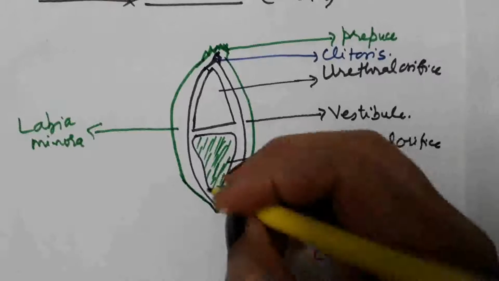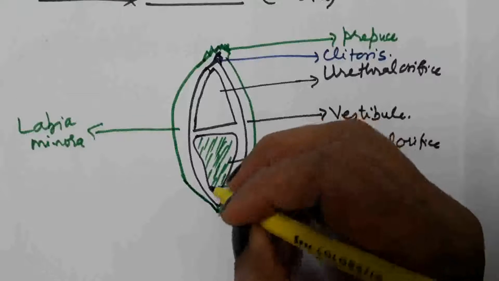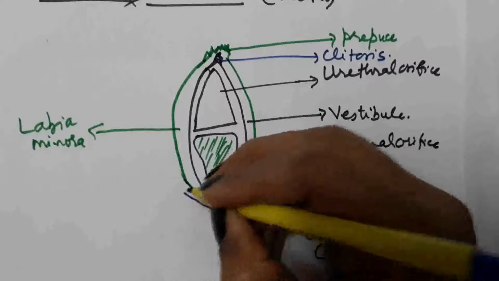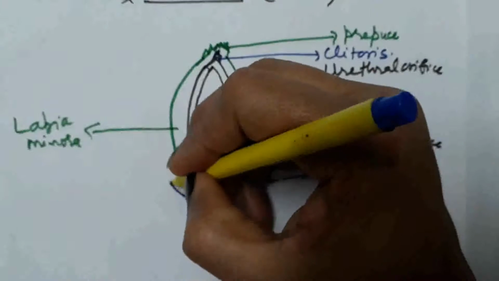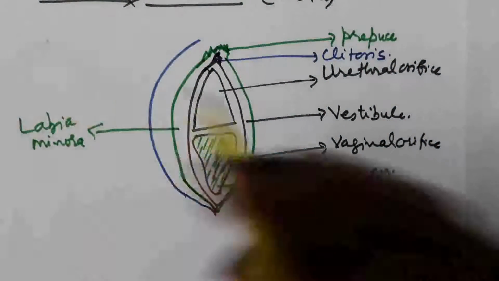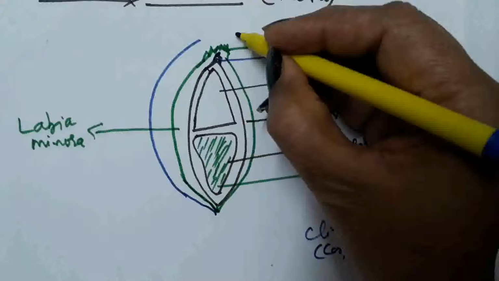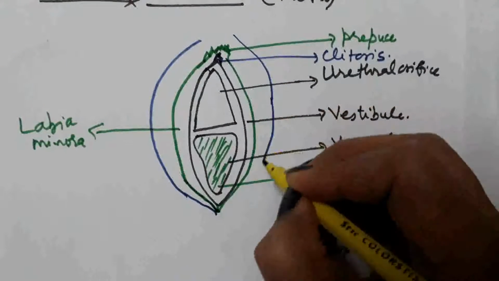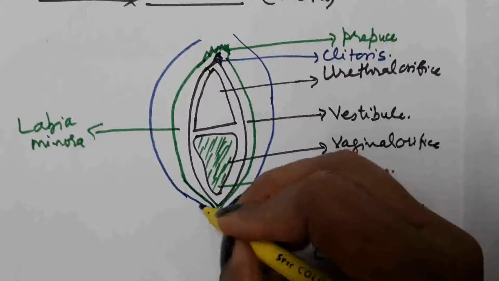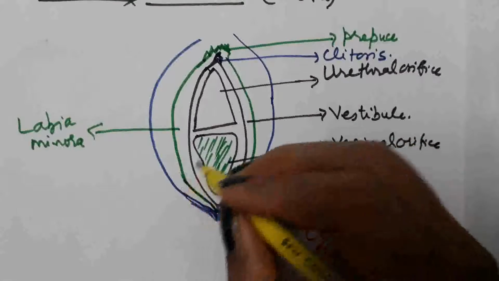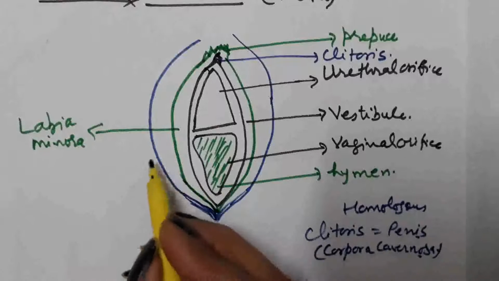Another skin fold is the bigger one, around the vestibule or outside the labia minora. This is known as the labia majora.